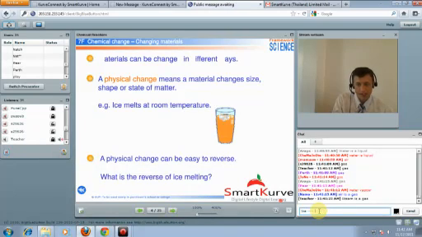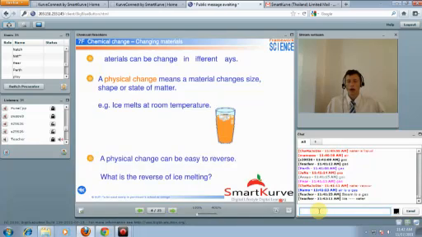I'm going to write a sentence here. Ice blank water. So when ice becomes water, when a solid becomes a liquid, what's the word we use there?